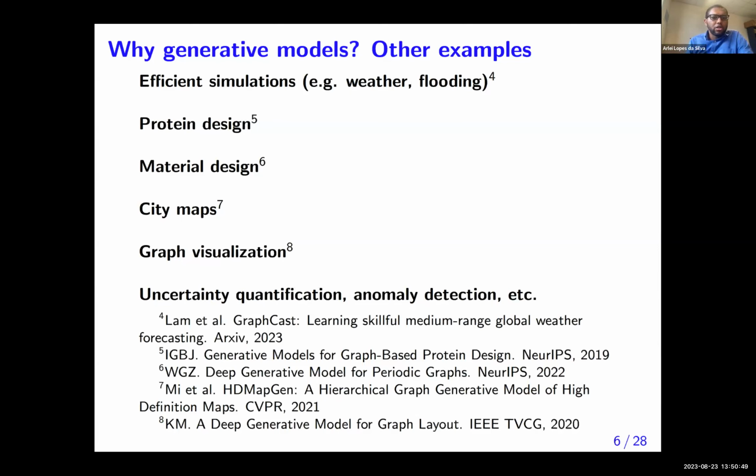And you can use generative models to look for effective visualizations for graph data. And of course, we have a lot of other benefits that are similar to the benefits we have for generative models for non-graph data, which is that you can use these generative models for uncertainty quantification, for anomaly detection, etc. So graphs also inherit those same nice properties.